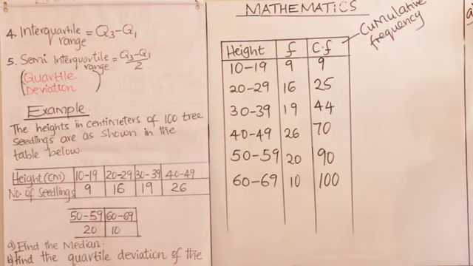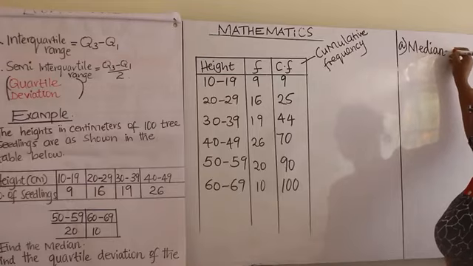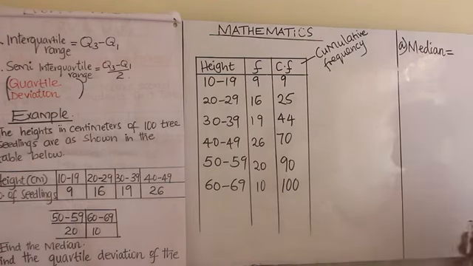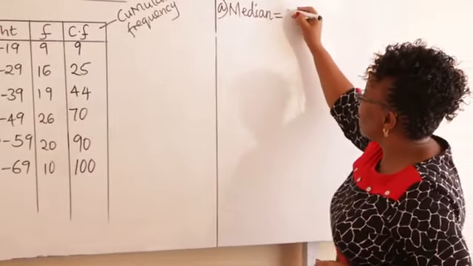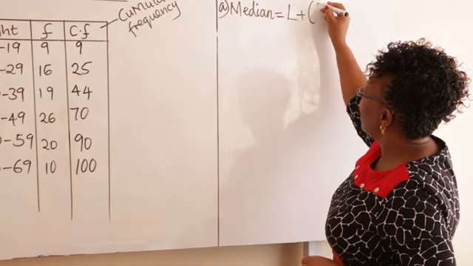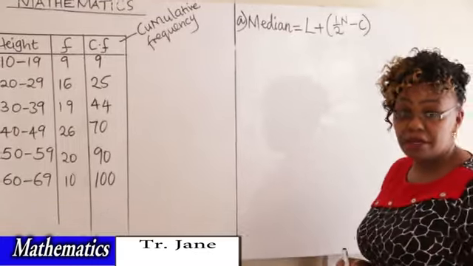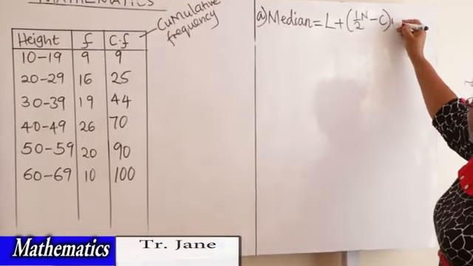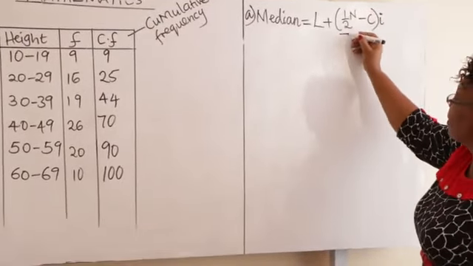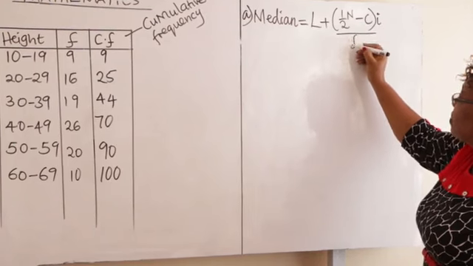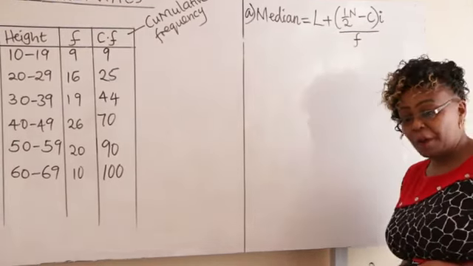We said that the median of grouped data is given by L plus a half of n minus c, multiplied by i, divide by f.